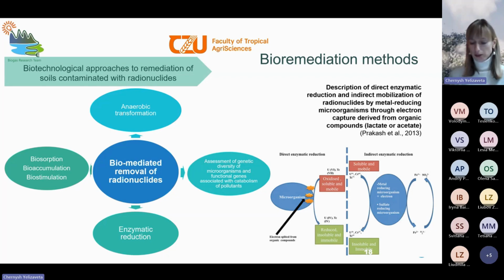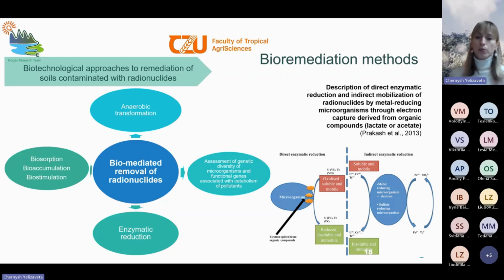Especially, we can also additionally talk about enzymatic techniques involved in this process and about the influence of treatment conditions.